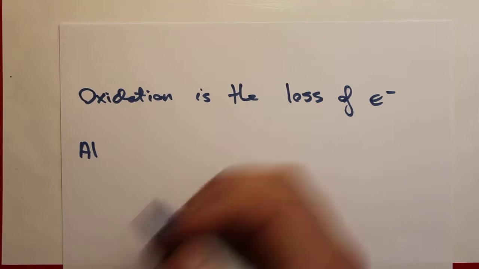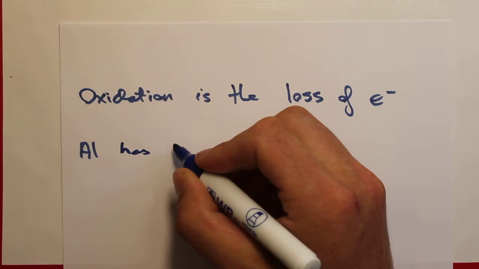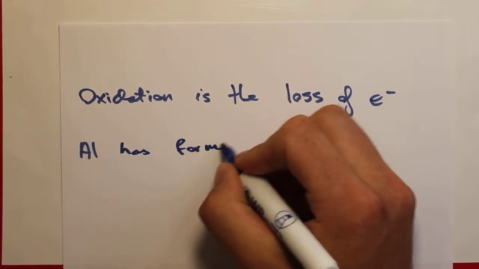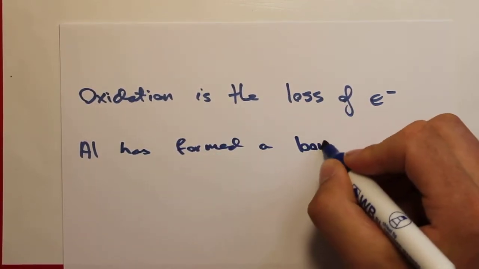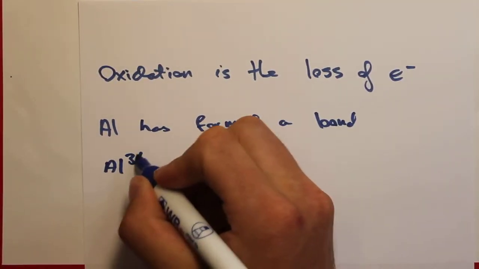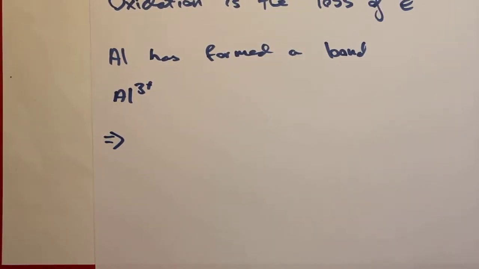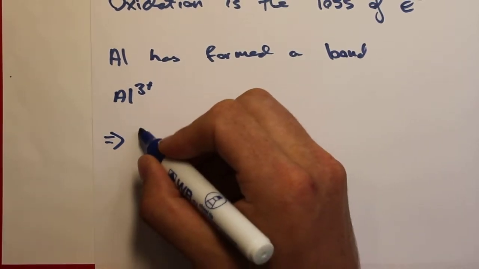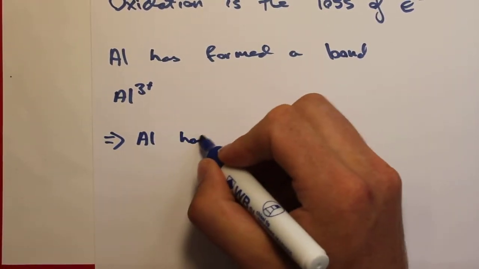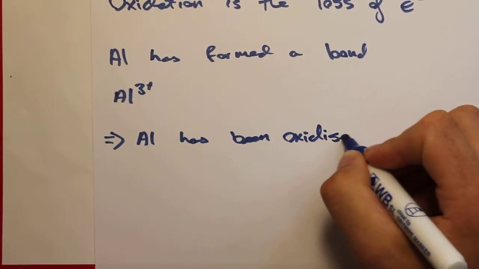So aluminium has formed a bond, and therefore it must have gone to a 3+ ion. So therefore aluminium has lost electrons, so aluminium has been oxidized.